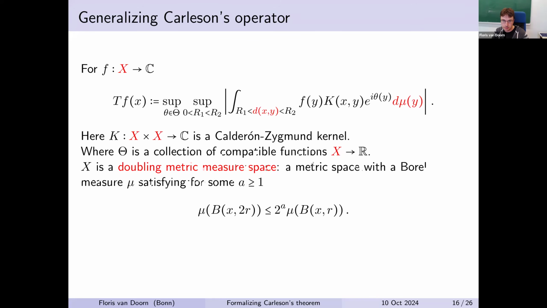So this is a metric space with a Borel measure, which satisfies a doubling condition. That means the measure of a ball with radius 2r can be bigger than the measure of a ball of radius r, but not too much: a ball of radius 2r can be at most 2 to the n times bigger than a ball of radius r.